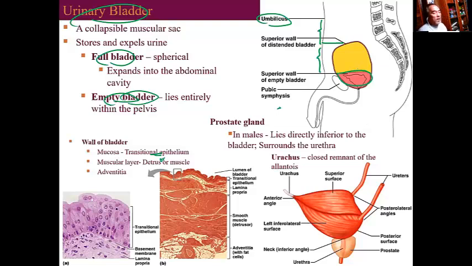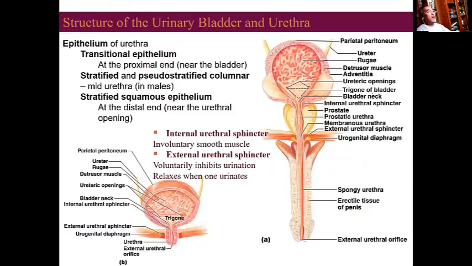Okay. So now take a look at the difference between the male and female bladder and urethra. You'll notice that the female's urethra is so close to the bladder, about 3 to 4 centimeters, so the external urethral orifice is close to the bladder itself.